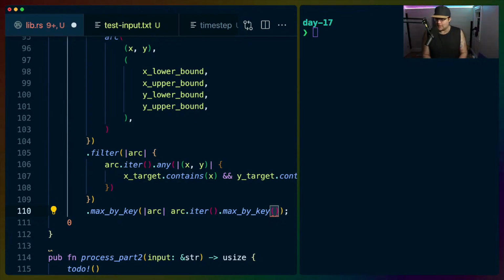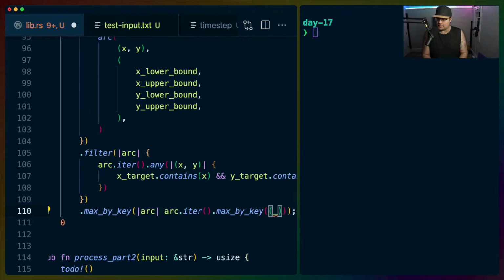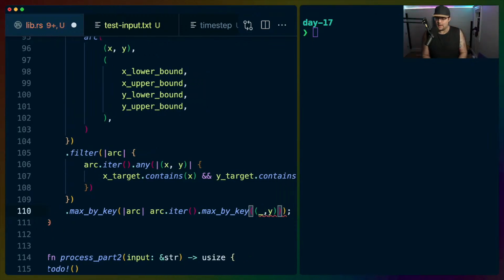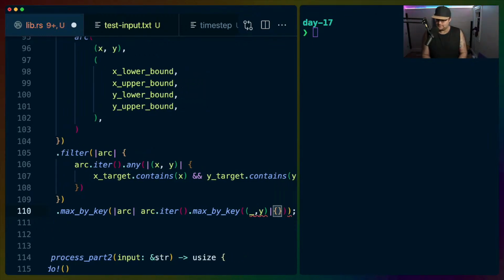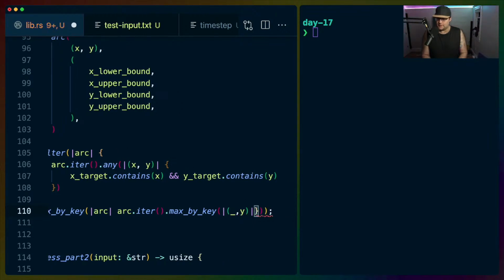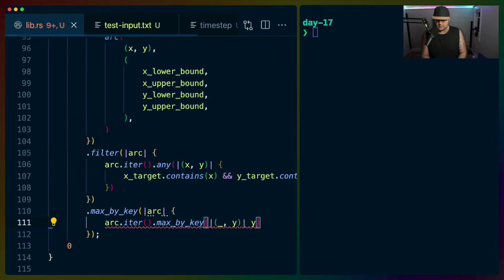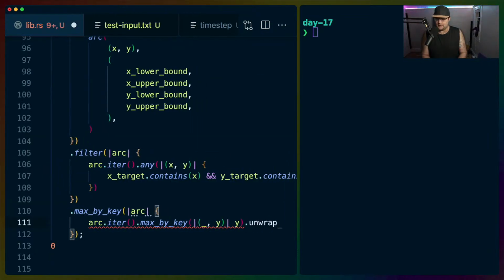What is this? X and Y. So we don't care about X here. We only care about Y here. So we are going to return Y from this. We're going to unwrap because we need to have a Y.